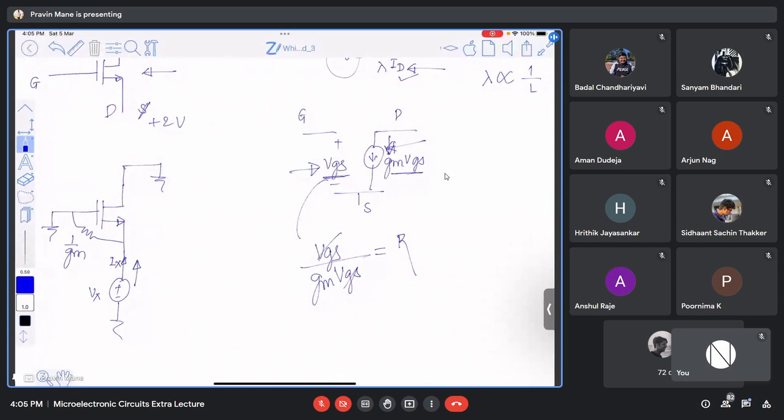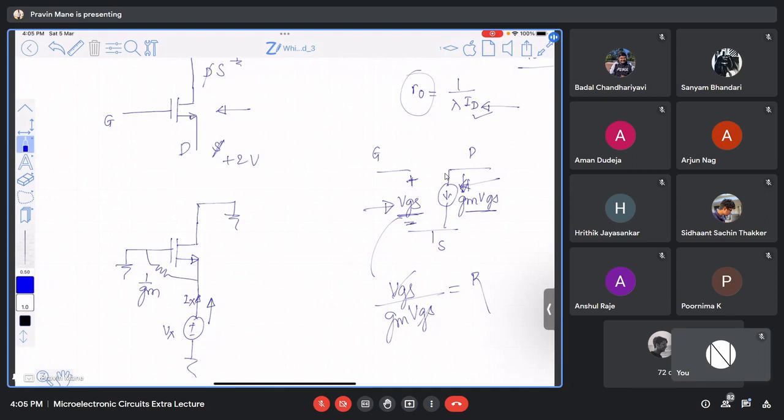Now, the problem here is 1 by Gm is not a simple resistance that we look into in practical circuits. It is a transresistance. When I change the voltage between gate and source, the current through the drain changes. That's why it is called the transresistance, and it is modeled as a resistance of 1 by Gm.